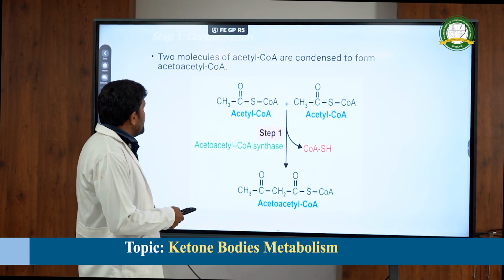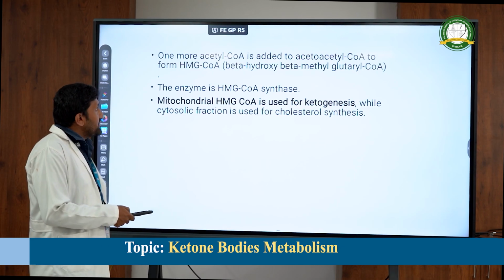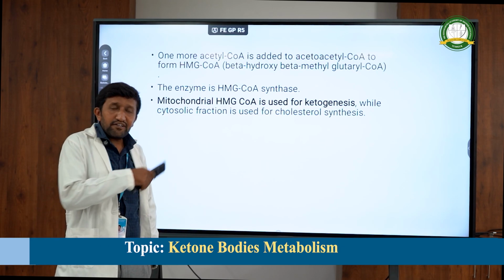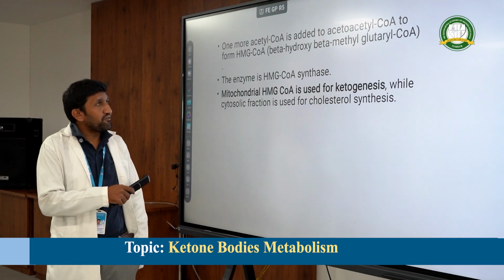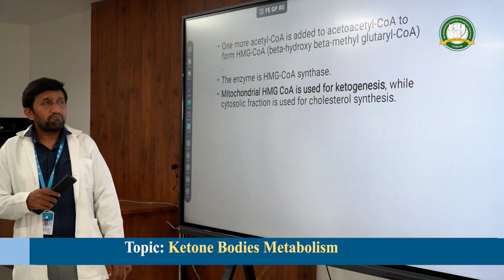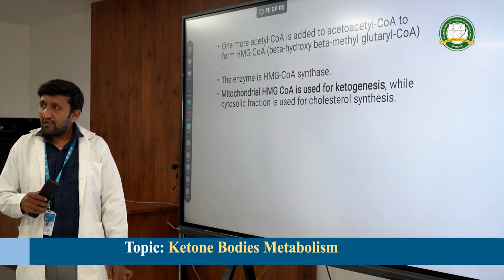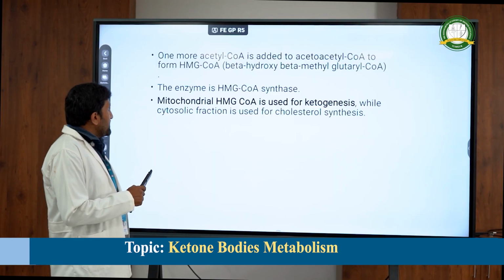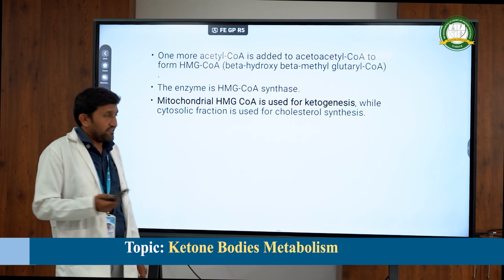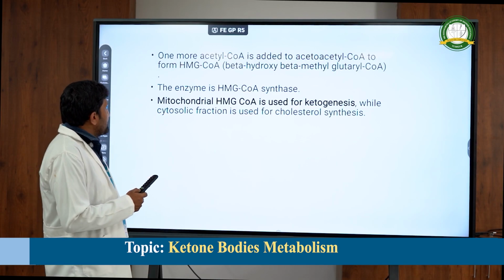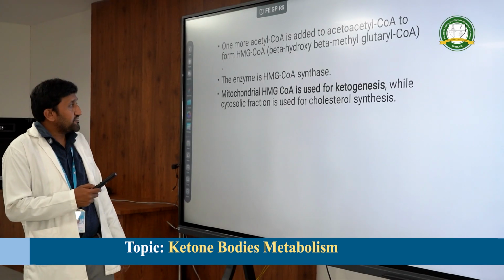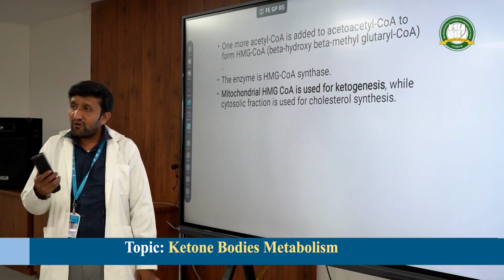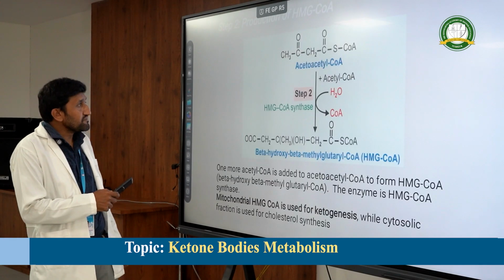This is the first step. One more acetyl CoA is added to the acetoacetyl CoA to form HMG CoA, that is beta hydroxy beta methyl glutaryl CoA. The enzyme is HMG CoA synthase. Mitochondrial HMG CoA is used for ketogenesis, while the cytosolic fraction is used for cholesterol synthesis.